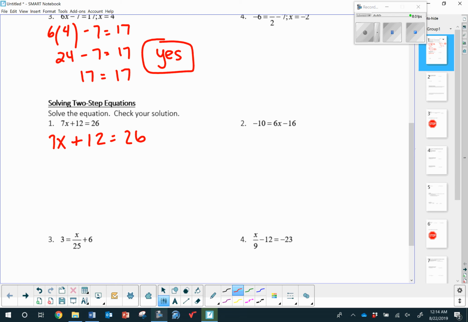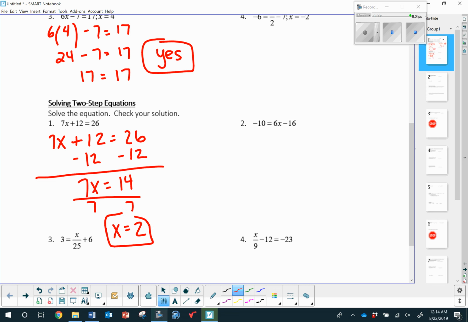The way I get rid of that 12 is by doing the inverse operation. So instead of adding 12, I'm going to subtract 12 from both sides. That leaves me with 7x equals 14. You then have a one-step equation that you learned about in Unit 3. So we're going to divide both sides by 7, and our solution is x equals 2.